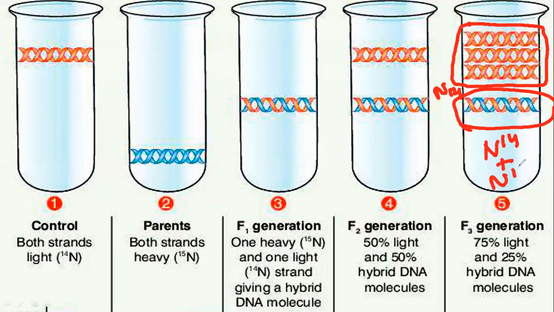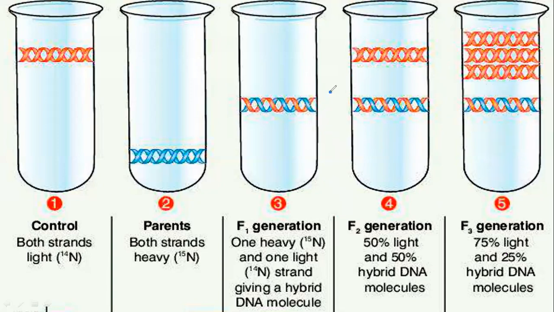Now, what conclusion can be made? Just keep in mind that this hybrid is the one which has one DNA strand from the heavier isotope. It could be N15, and the other strand, I'm labeling with the opposite color. Let me label it first.